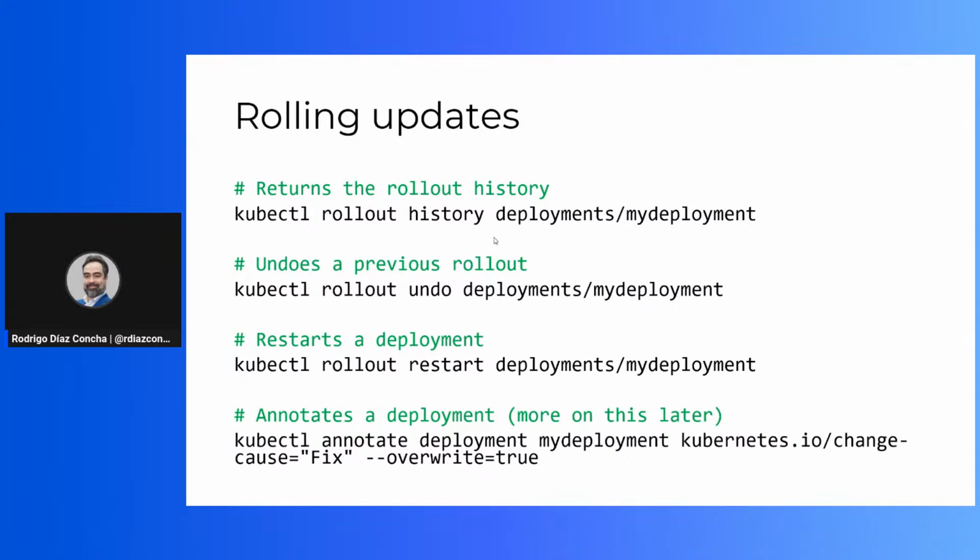You can also list all the different rollouts that you had in the past if you execute rollout history. You can also restart the deployment, and you can also annotate the deployment, okay? Annotations are used for setting additional data for your objects, okay?